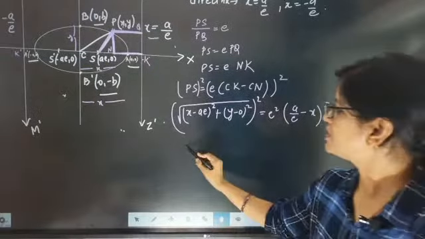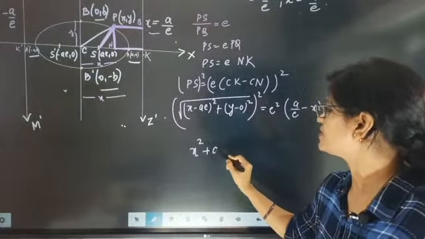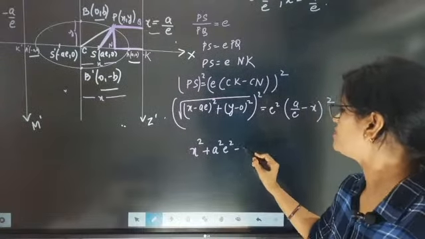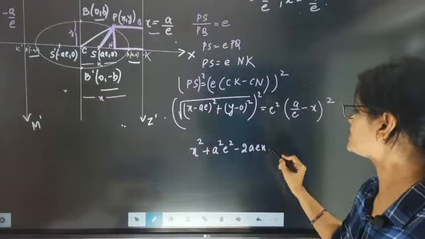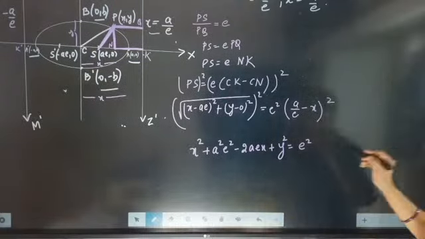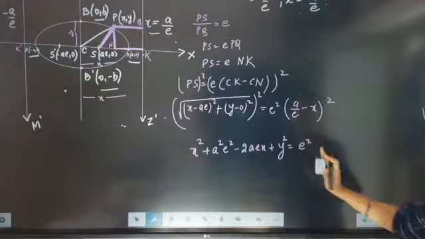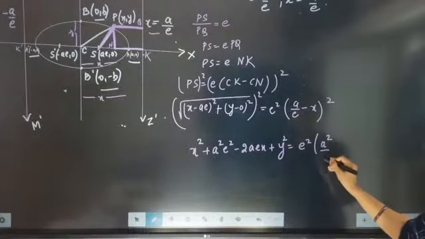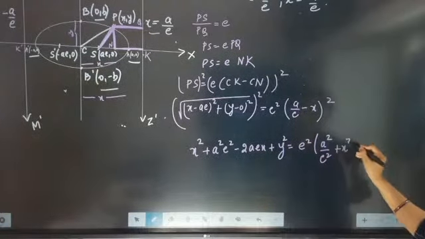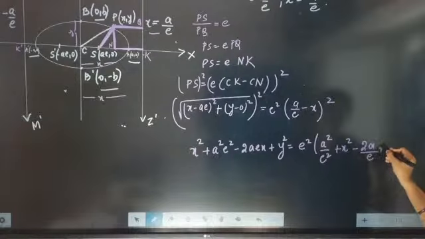Now the square part. So now we are going to write it as x square plus a square e square minus 2aex plus y square equal to e square, a square by e square plus x square minus 2ae by x.